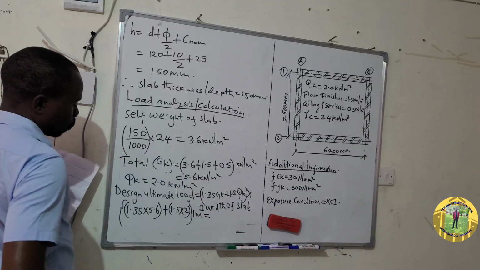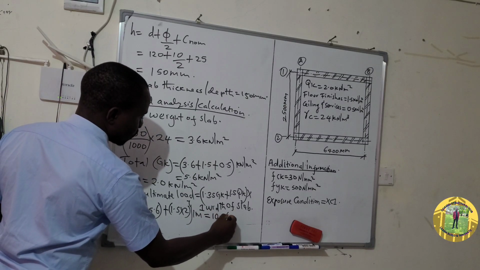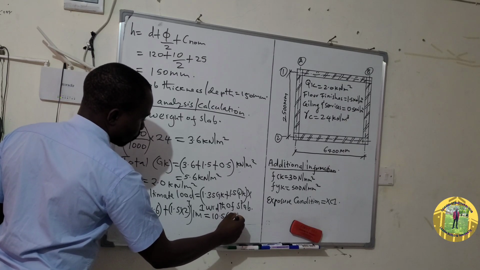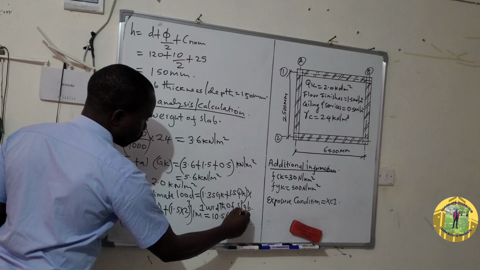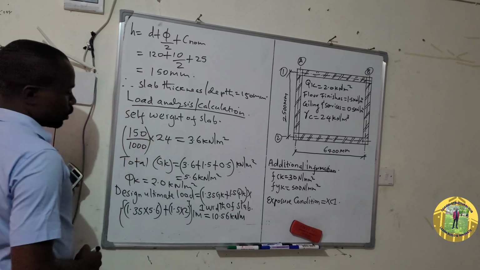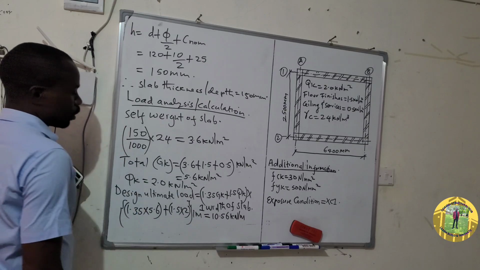So this one is equal to 10.56 kilonewton per meter. So this is the design ultimate load.